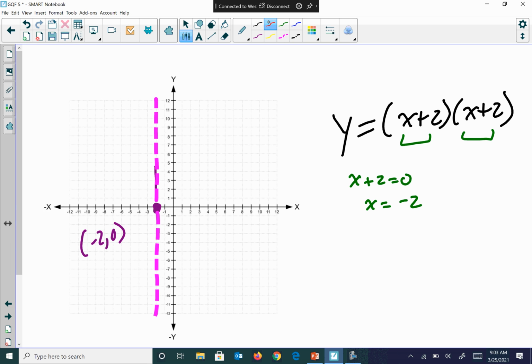But I have a dot. I only have one dot that I gave me. Is it okay that the vertex rests on the x-axis? Pretty sure it's totally okay.